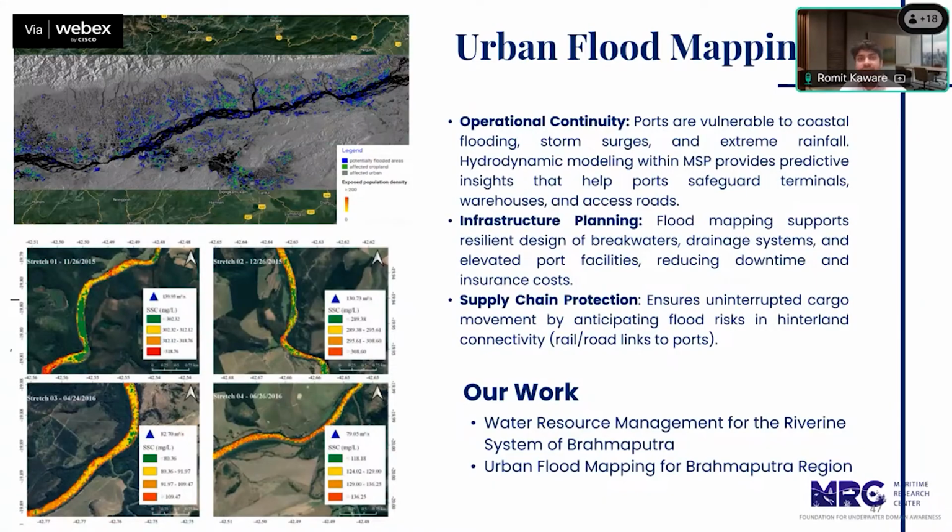Another work that we have done is the urban flood mapping, where we have made use of digital elevation models and the rainfall data to see under different conditions how the sediment flow might happen, or what would be the extent of the flooding under extreme conditions. So this also helps us in having some large scale disaster management plans ready.